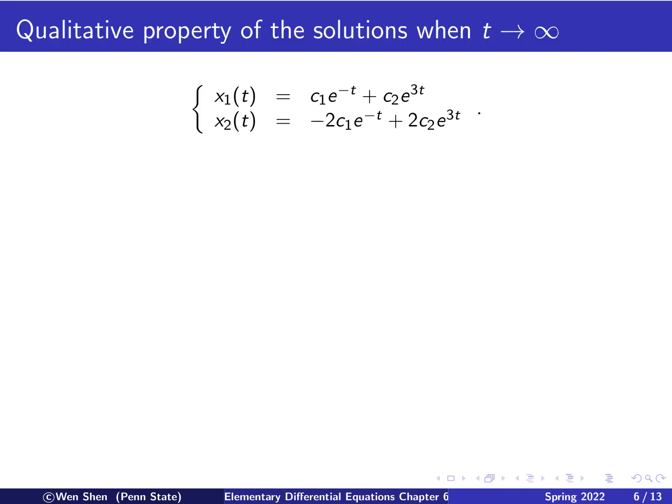Now let's look at qualitative properties of the solution as time goes to infinity, asymptotically. I repeat the solution in components here.